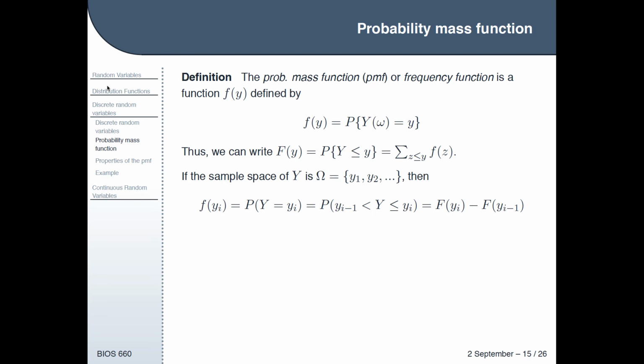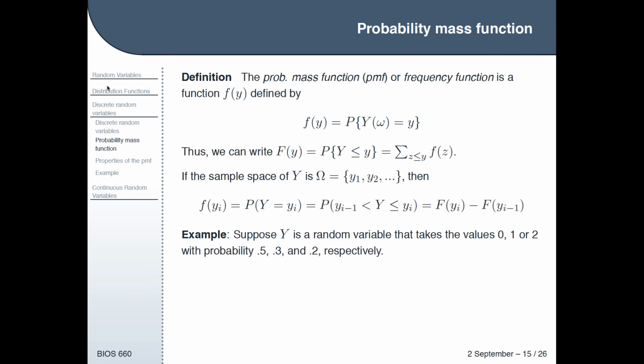In other words, it's the probability that Y is less than or equal to yi minus the probability that Y is less than or equal to yi minus 1. Since those values are ordered, that tells you that that's exactly equal to the probability that big Y is equal to yi.